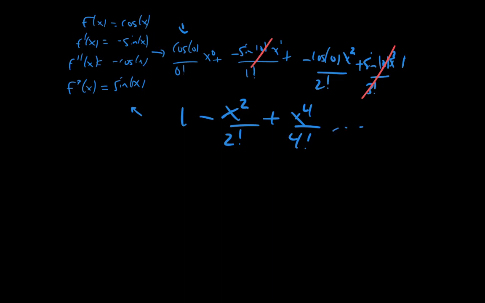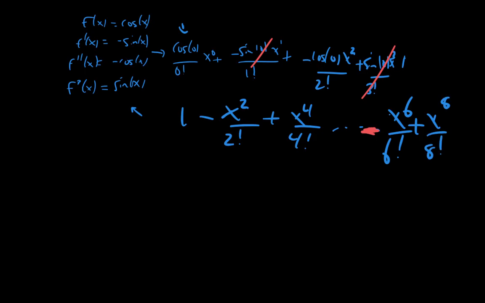So it would be 1 minus x squared over 2 plus x to the 4th over 24 minus x to the 6th over 6 factorial, and then plus x to the 8 over 8 factorial, stuff like that.